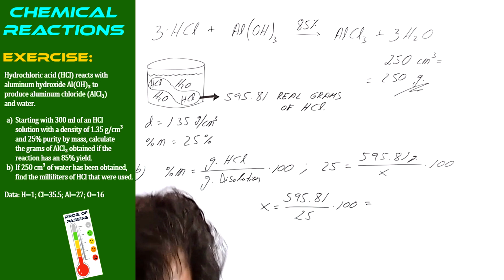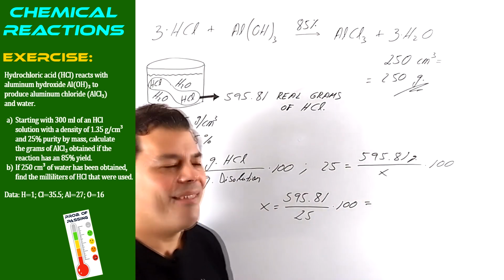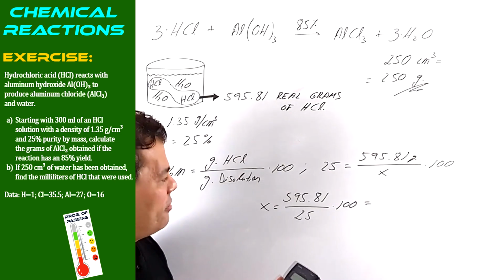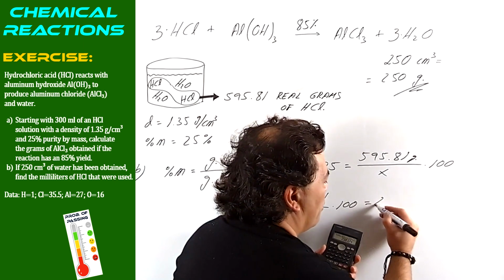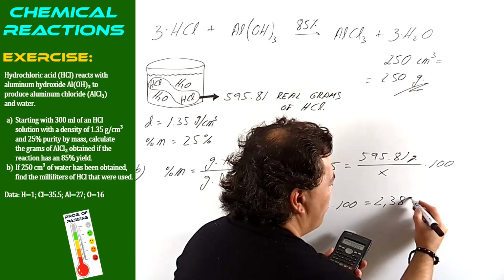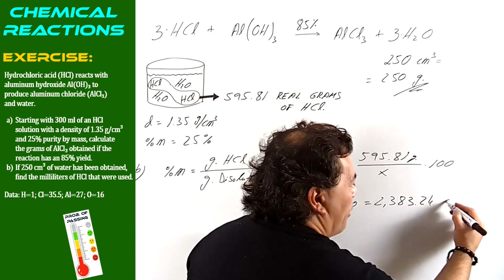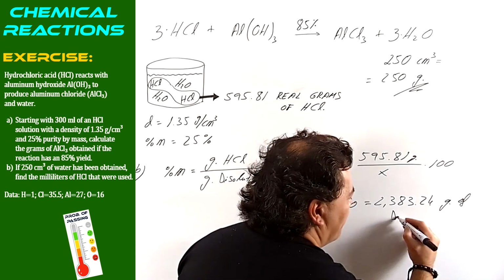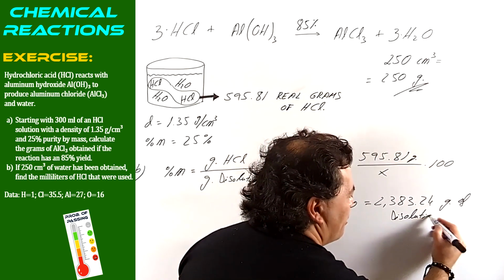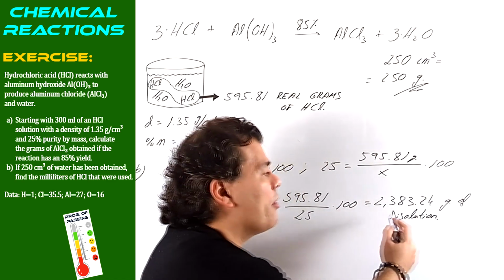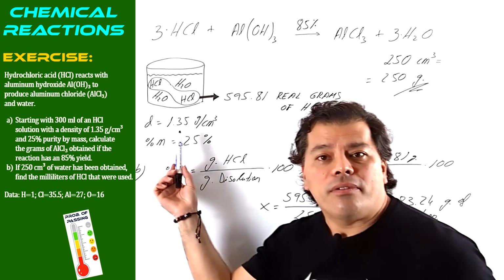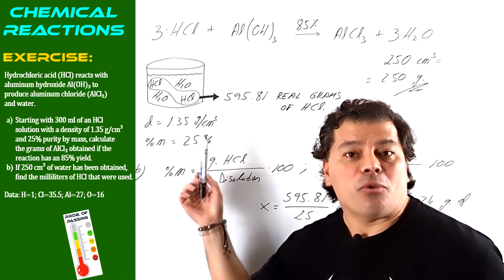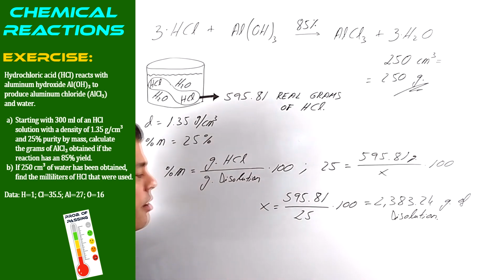And let's use our calculator because we are obtaining the mass of all this dissolution. 595.81 divided by 25, and it gives us 2,383.24 grams of this solution. Okay? And now, using this data with the density, we can know the volume of the solution that we will need to use. And here you have it.